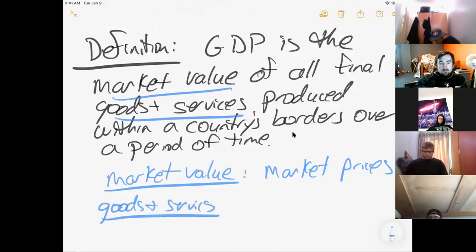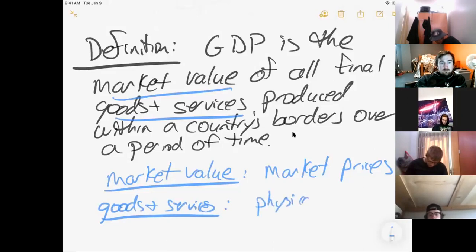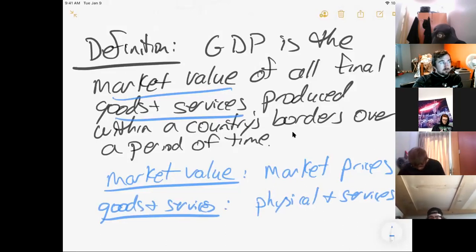Goods and services. So what's included in GDP is not just physical goods, right? Services are included in GDP as well. Haircuts, GDP. Babysitting, GDP. Tuition, GDP. These are services that are provided and they have to be included. If we did not include services, we would be missing most of GDP.